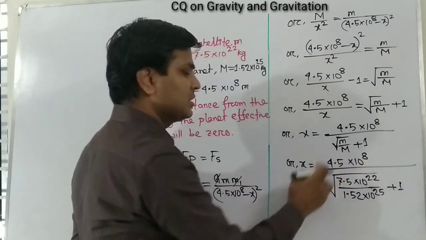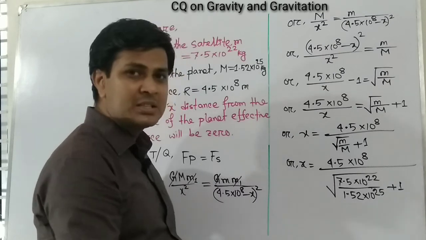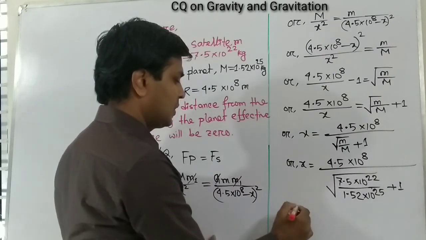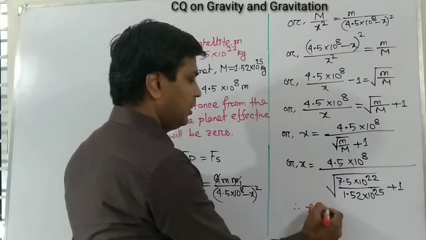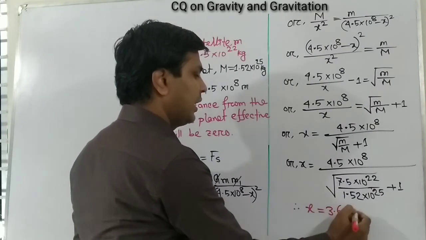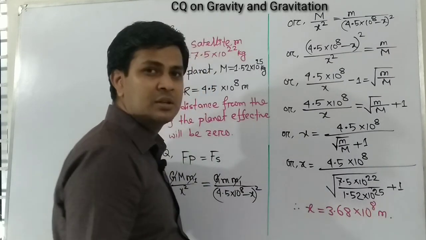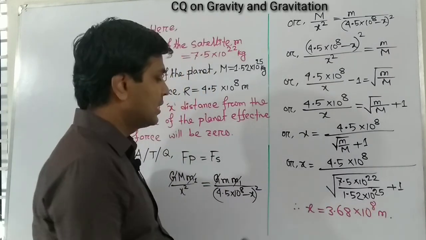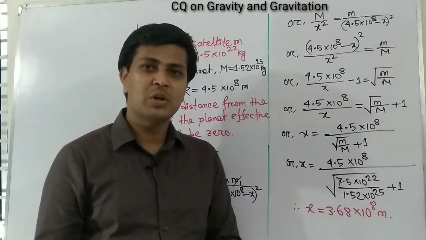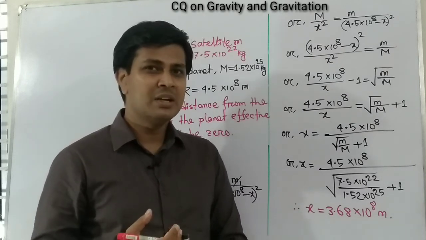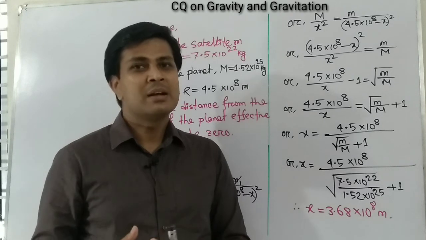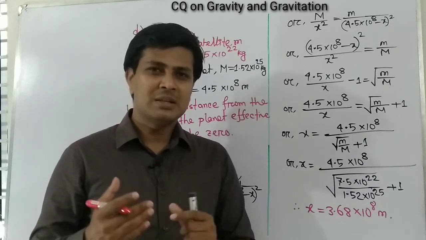After calculating that expression, we'll get x equals 3.68 into 10 to the power 8 meter. That means at 3.68 into 10 to the power 8 meter from the center of the planet, the aircraft will feel resultant force zero.